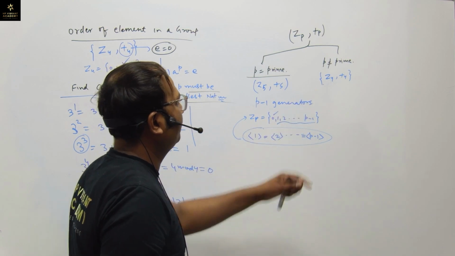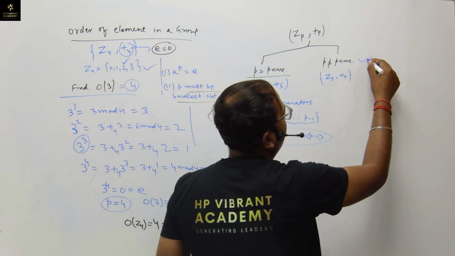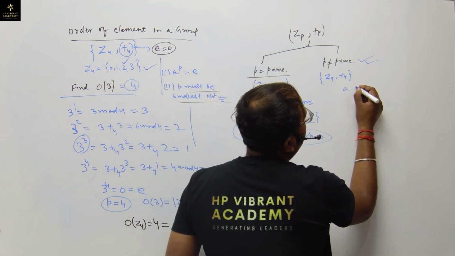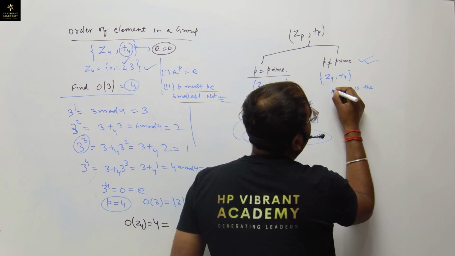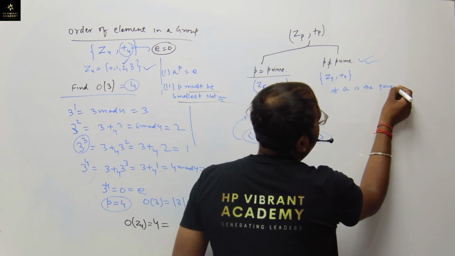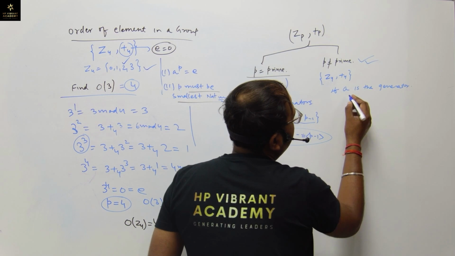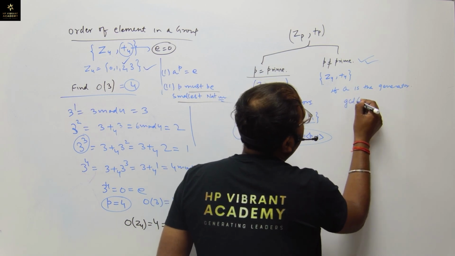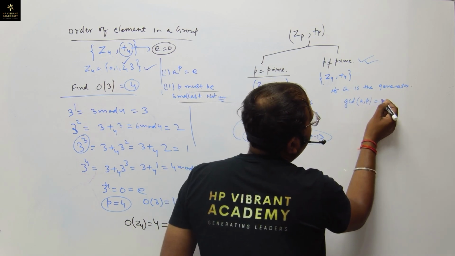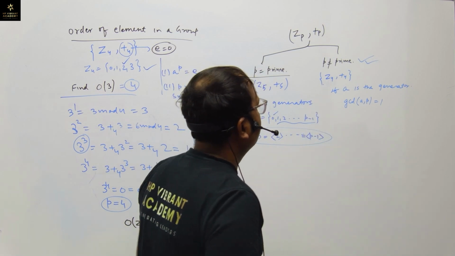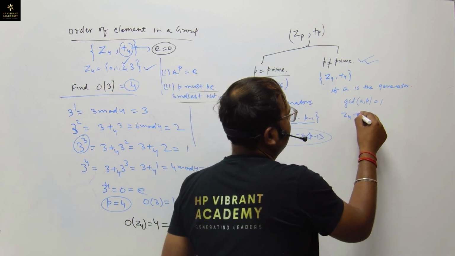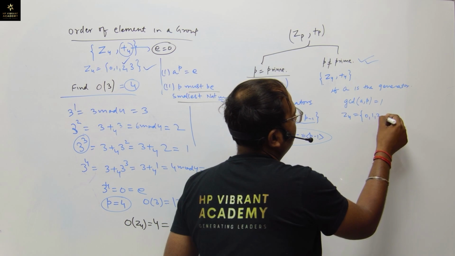But in the case where P is not prime, if A is the generator, then we have GCD of A comma P is equal to 1. Suppose we have Z4 equal to 0, 1, 2, 3.